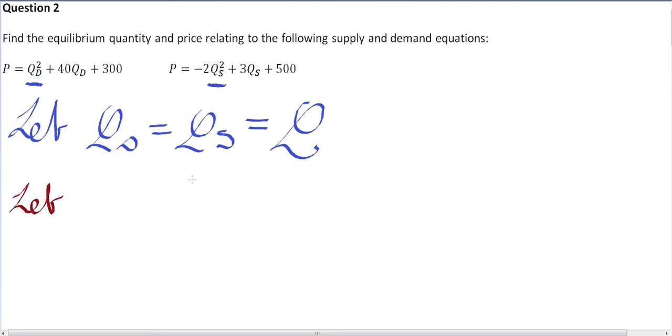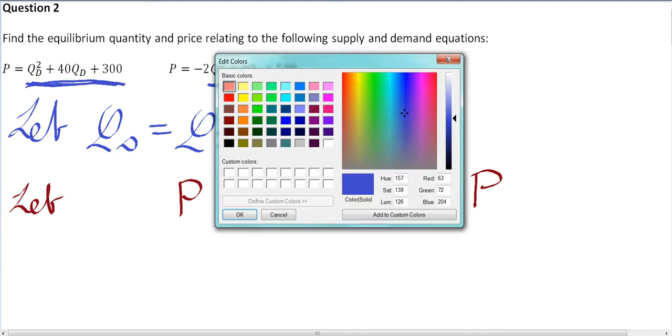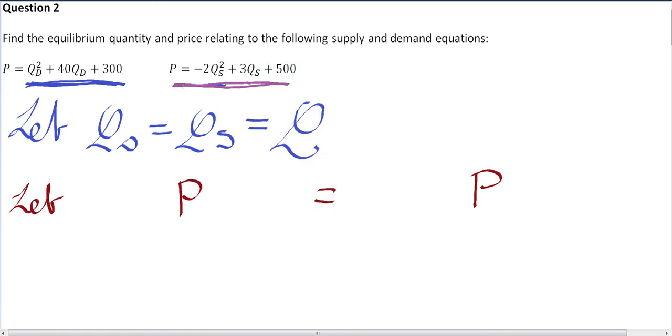Let p equal p. What I mean by that is we have two different expressions for p. We have that expression in blue, and we have that other expression in purple. So I'm going to say let that blue p equal the purple p.